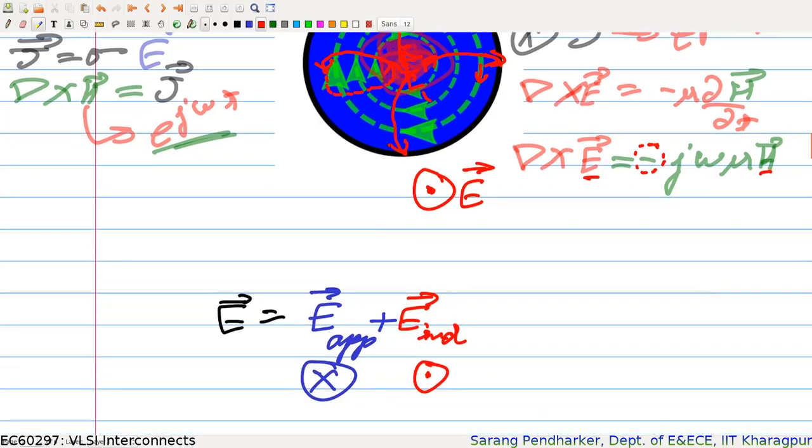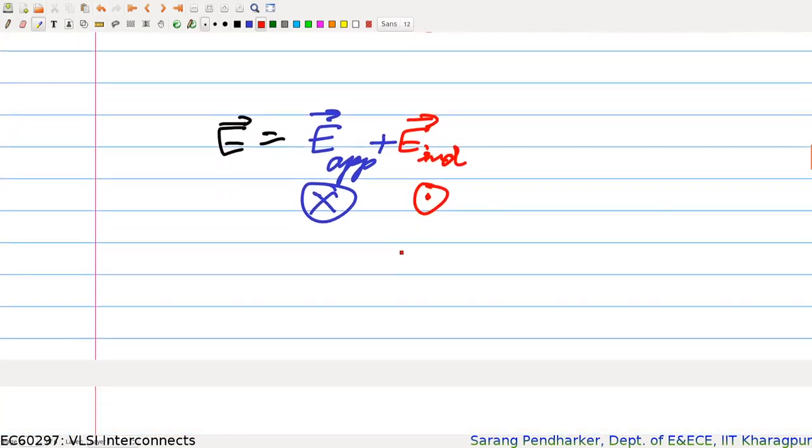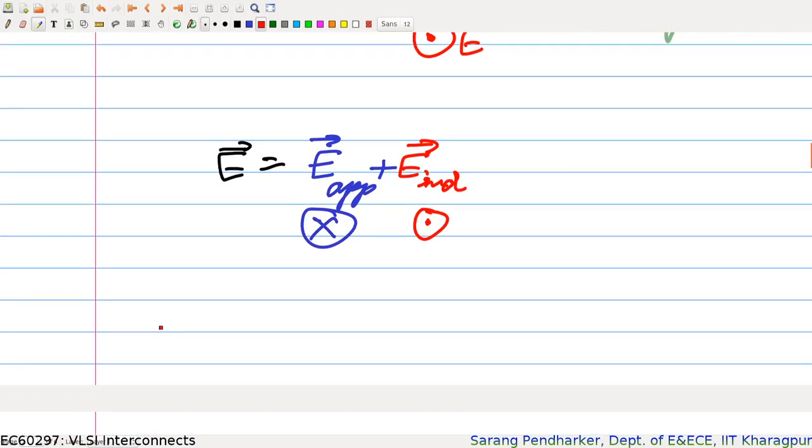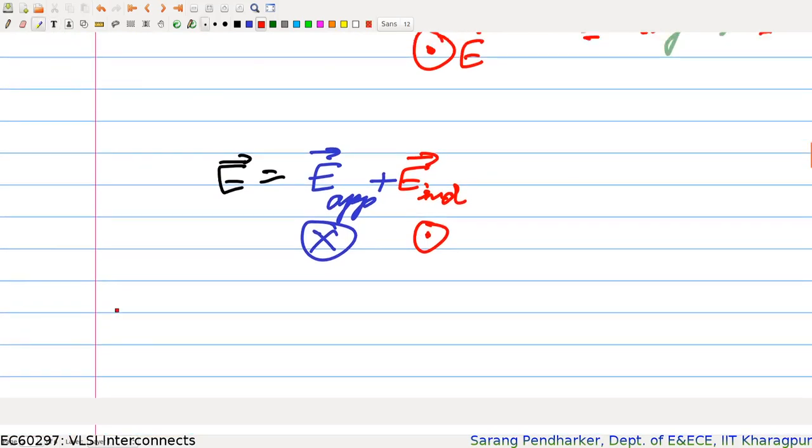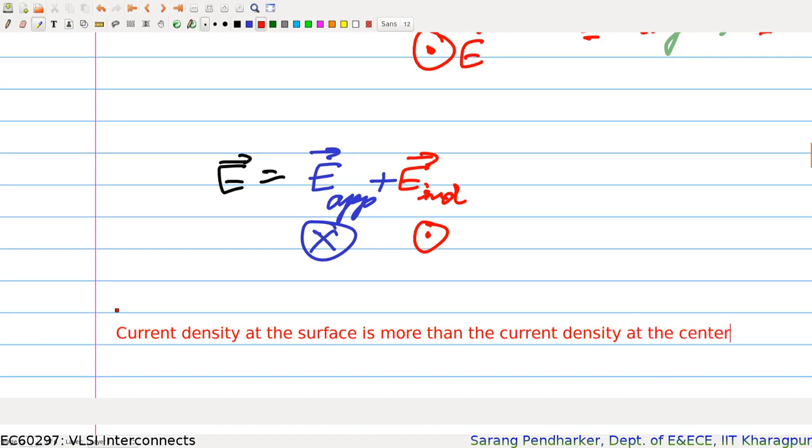This would also translate to the current density, and that is why the current density at the surface is more than the current density at the center.